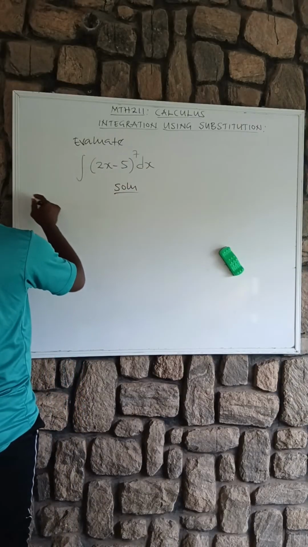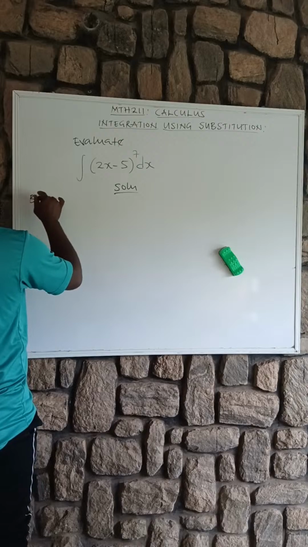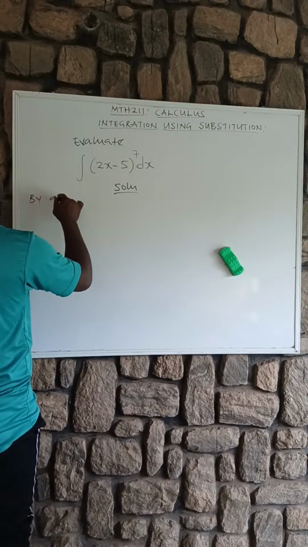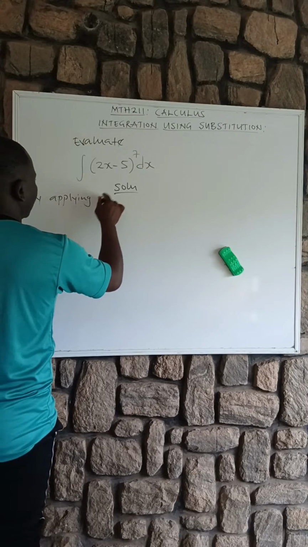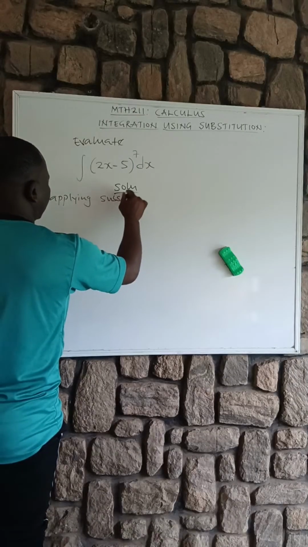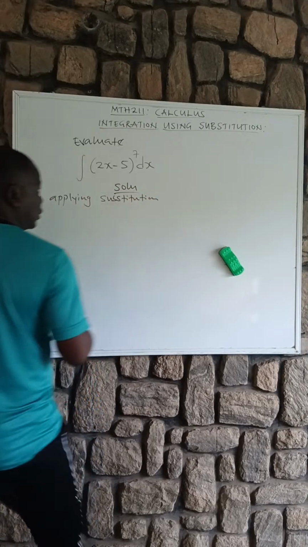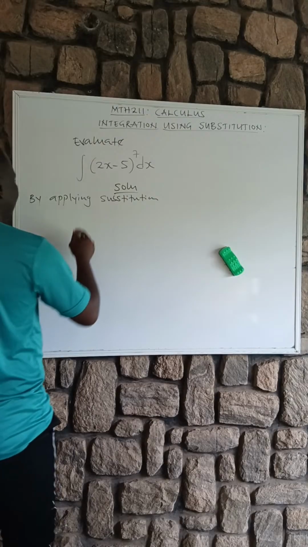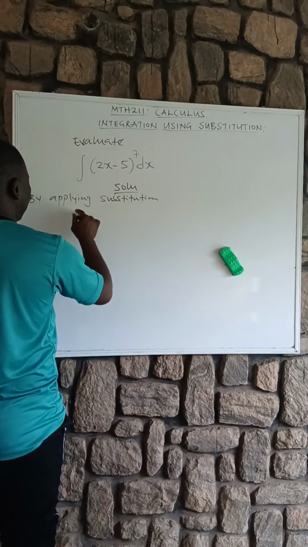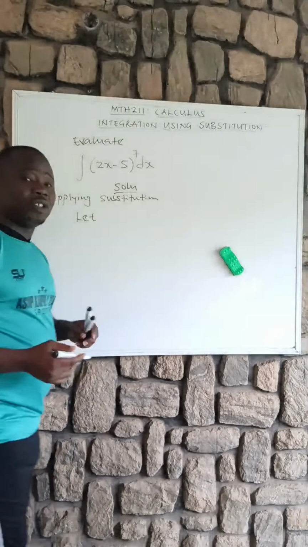We write by saying applying substitution method. So what we need to do, we use any alphabet. Which alphabet do you want us to use?